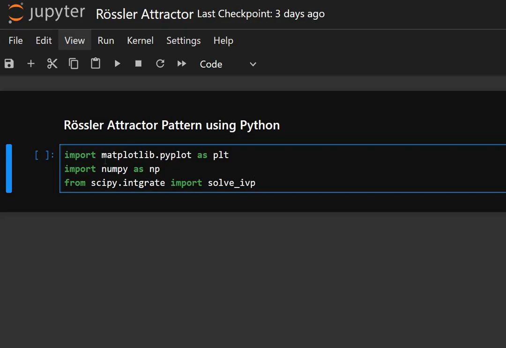NumPy is used for numerical operations, matplotlib.pyplot is used for plotting, and solve_ivp from SciPy is used to numerically solve differential equations. So now we'll define the Rossler system, which is the set of differential equations.